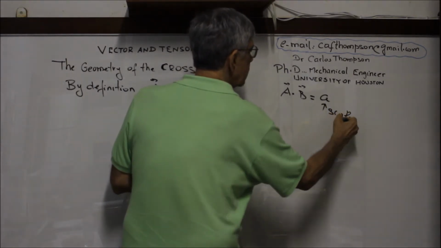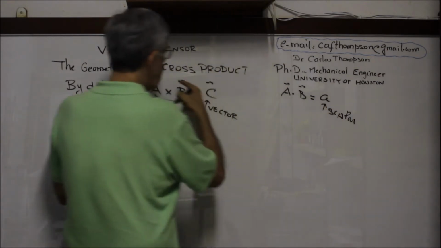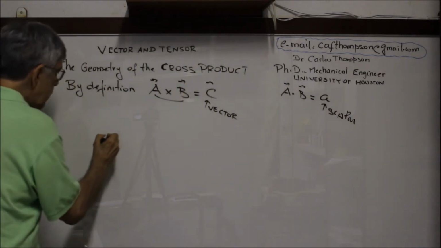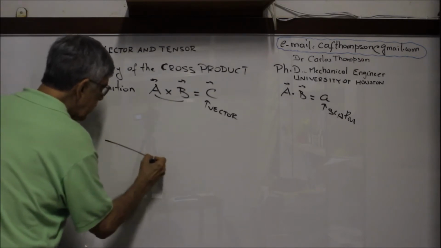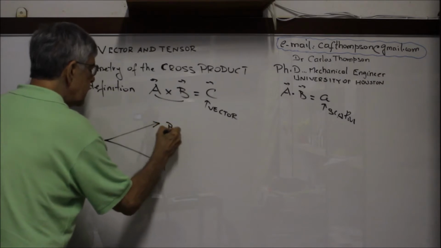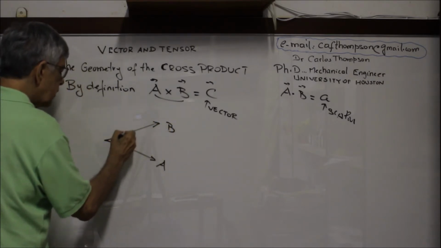Now, the cross product is a vector. Now, consider vector A and vector B. That is alpha.